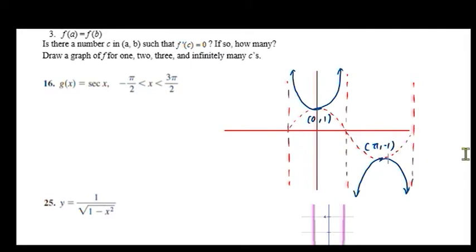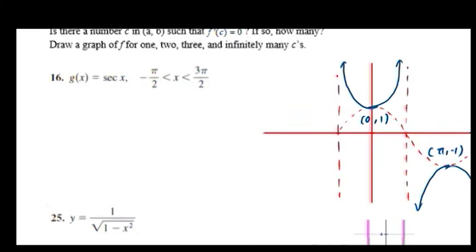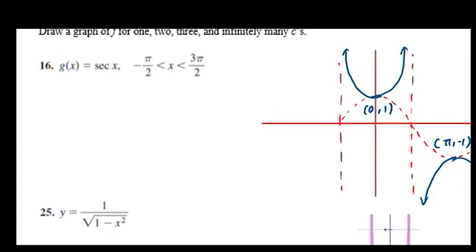Okay, so we can tell by graph, but how can we do this without graphing is the question now, isn't it? Okay, first of all, we take a derivative. So g prime of x is equal to secant x tangent x? Good. Now you set it equal to 0 to find the critical point.